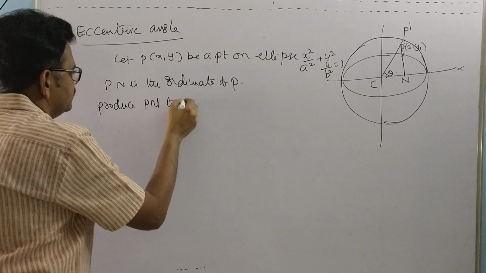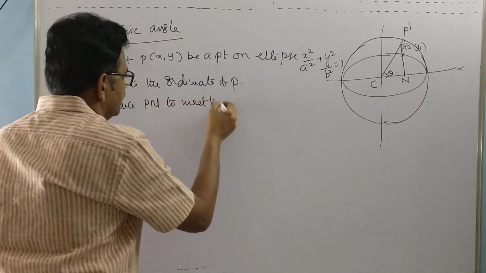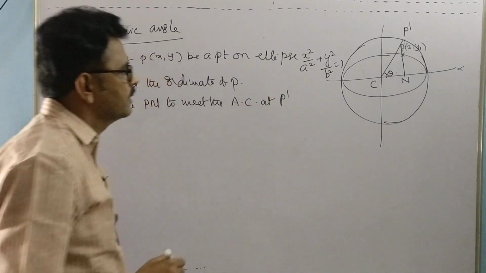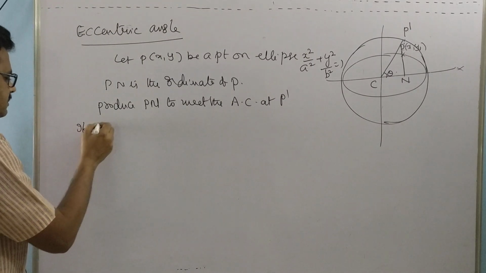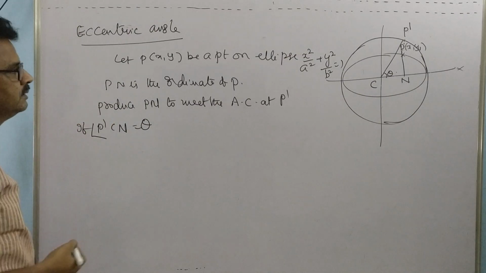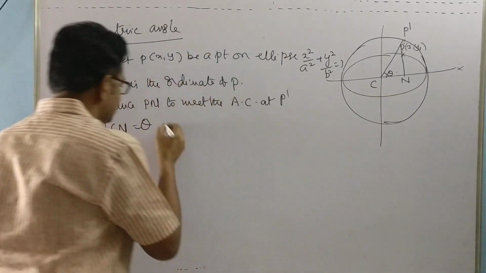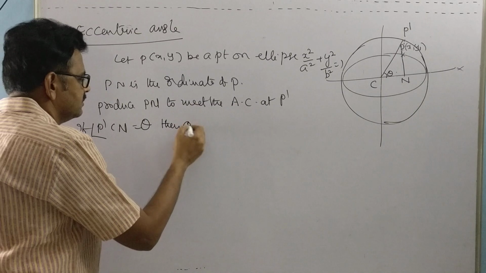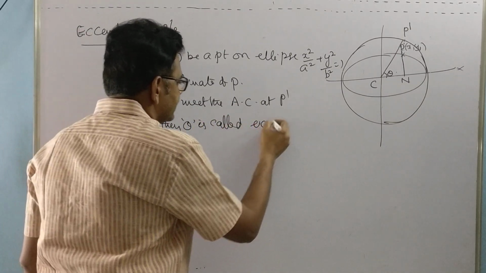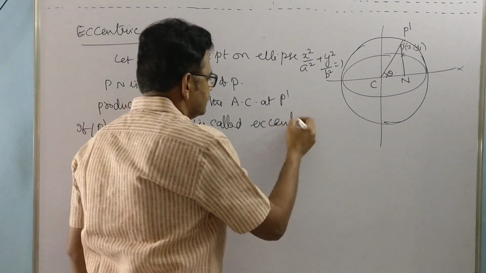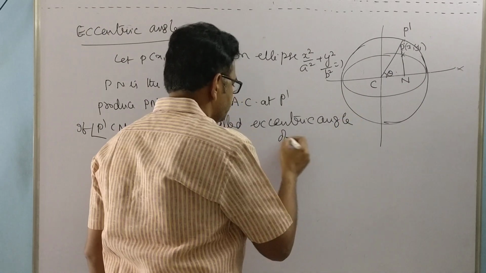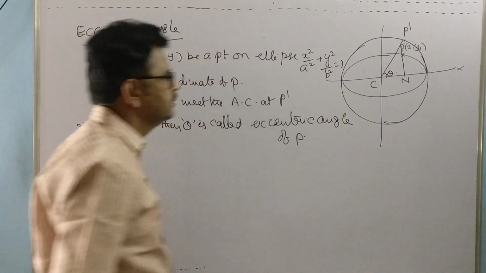If angle P dash CN is equal to theta, this is theta, then theta is called the eccentric angle of the point P with respect to the ellipse.